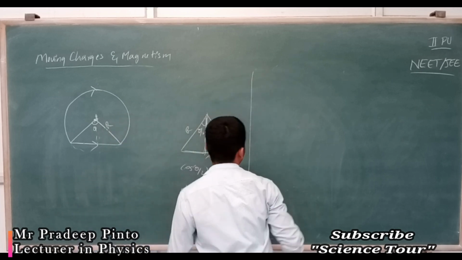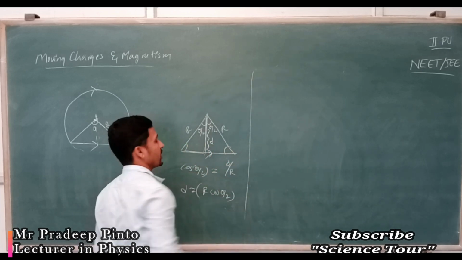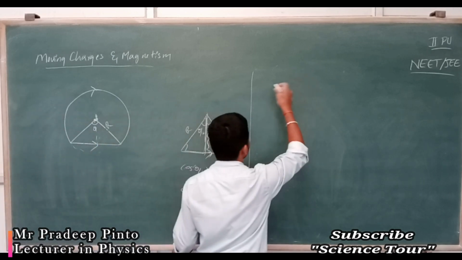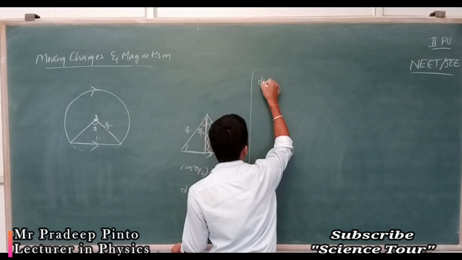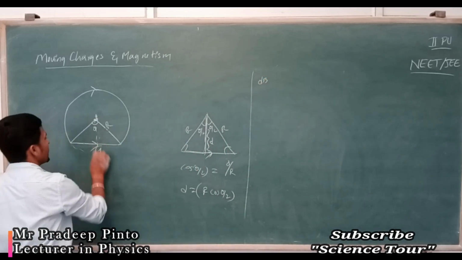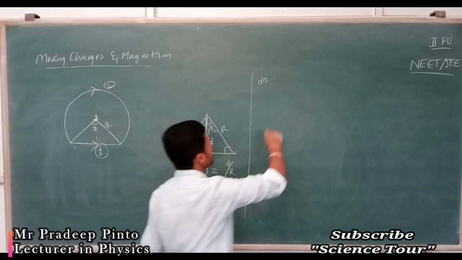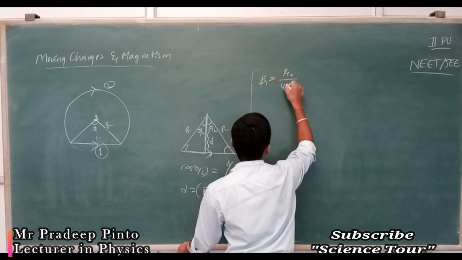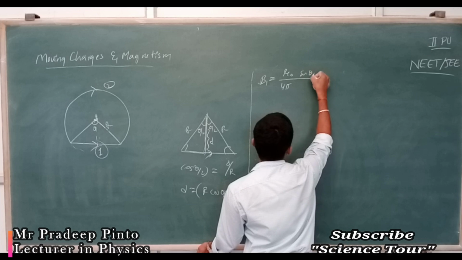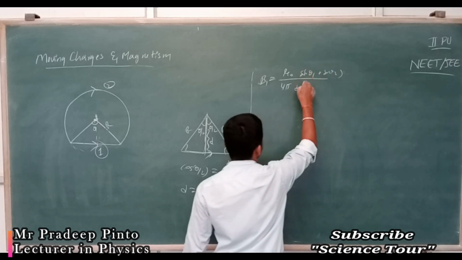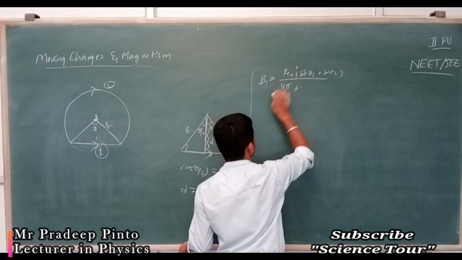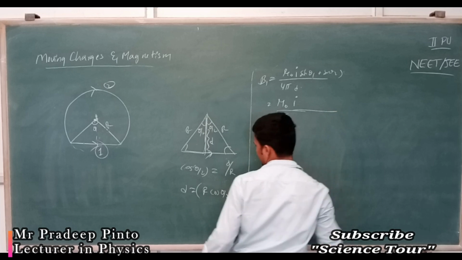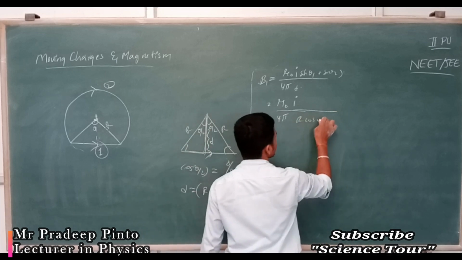Next, we don't have this angle, right? So I can get this angle, sine theta, for B. This I am going to write for 1, and this for 2. So dB, which is equal to B1, is mu naught divided by 4 pi, sine theta 1 plus sine theta 2, over d, that is, mu naught I divided by 4 pi, where d is r cos theta by 2.